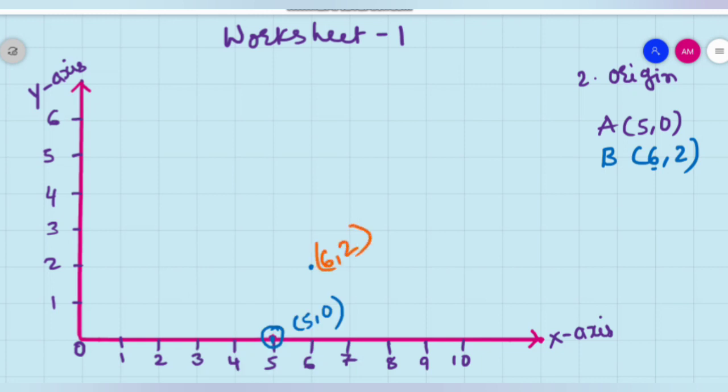Because when you draw the line from here, it will come on 6. And from here, if you draw the line, the perpendicular line must fall on 2.